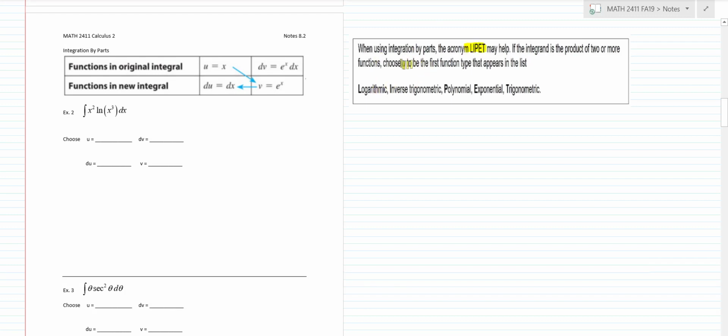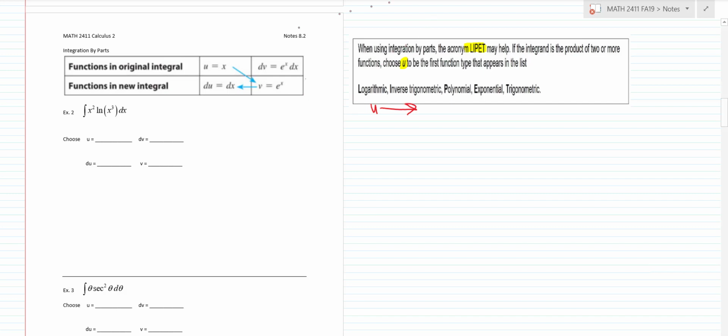This just tells you the order that it's generally good to choose u in. So this would be like the first thing that you would see. So logarithm kind of gets the highest priority for u, inverse trig, polynomials, exponential, and then trig functions like this. So it's kind of like this is how you can prioritize u in these problems then.